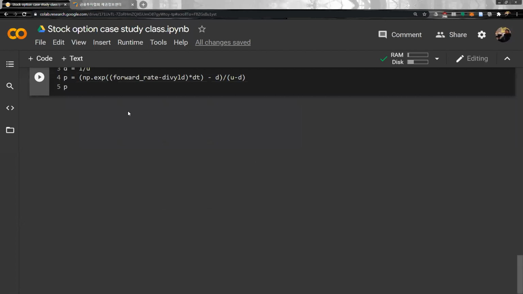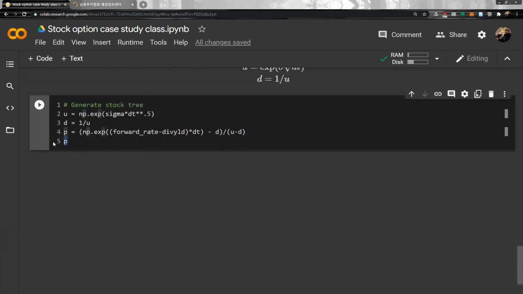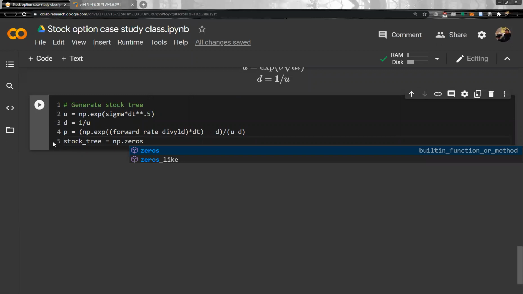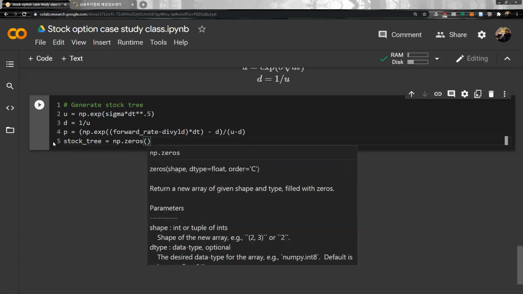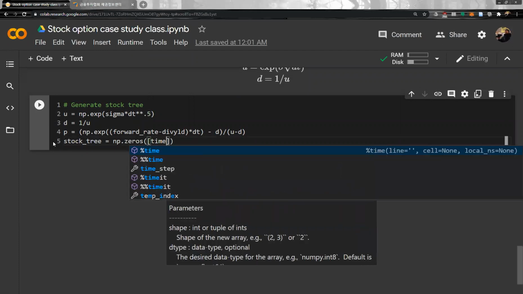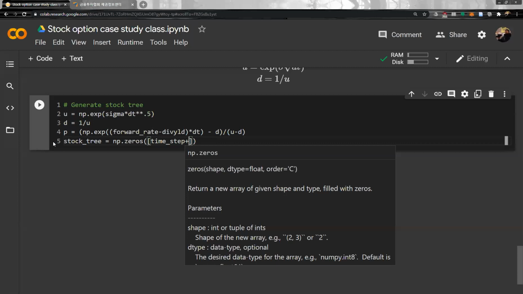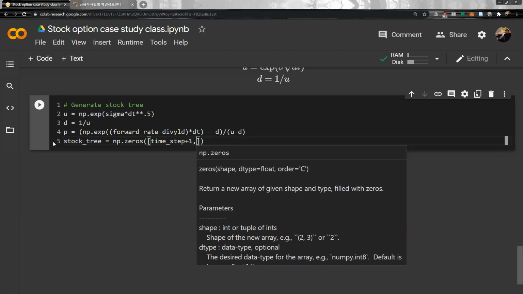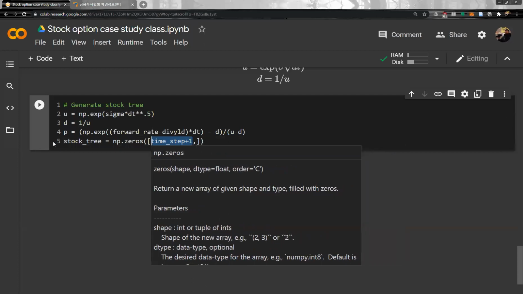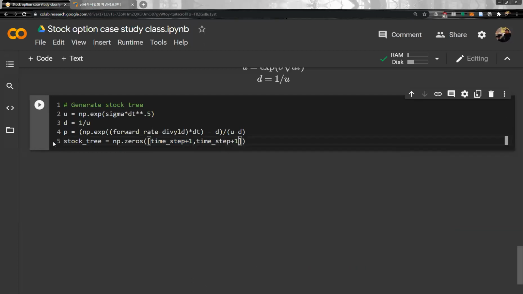And then let's do the stock tree. Stock tree is basically NP zeros, with time step plus 1 because we start from 0. This is the structure, but the very first entry is the current stock price.